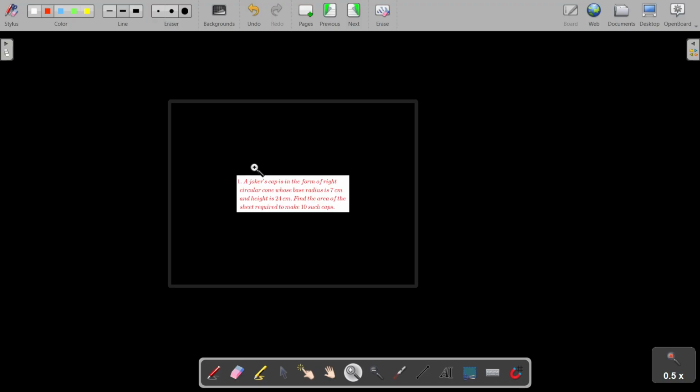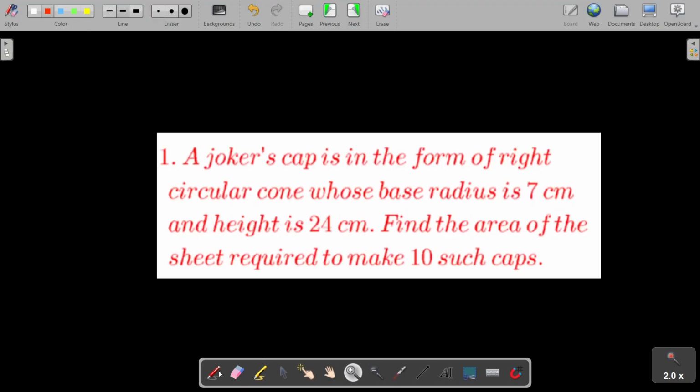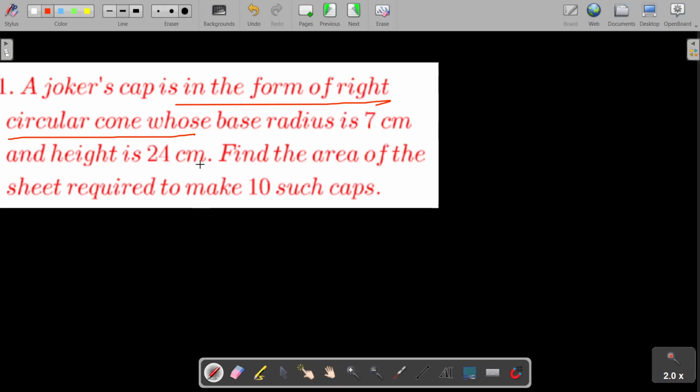Okay, let's see the problem. The Joker's cap is in the form of a right circular cone. Right circular cone means cone. So we are dealing with a cone whose base radius is 7 centimeters. Let's draw a cone.